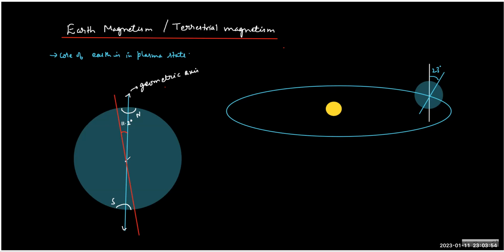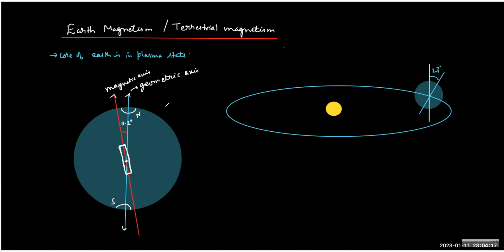But the core is representing a somewhat tilted direction. If we draw an equivalent magnet here to represent the Earth's core for its behavior, then this is called the magnetic axis.